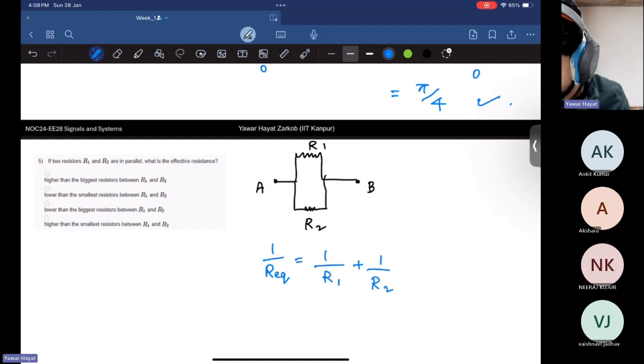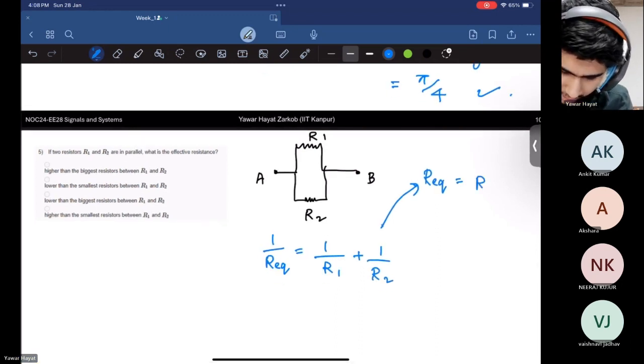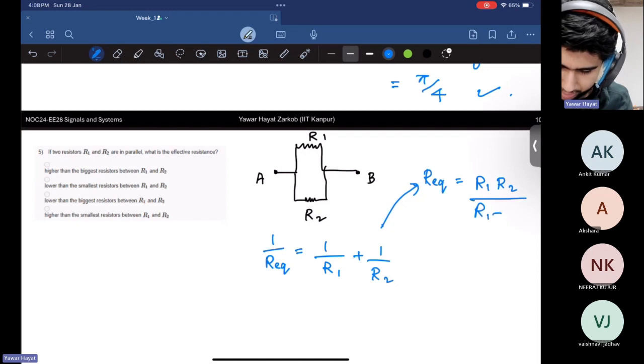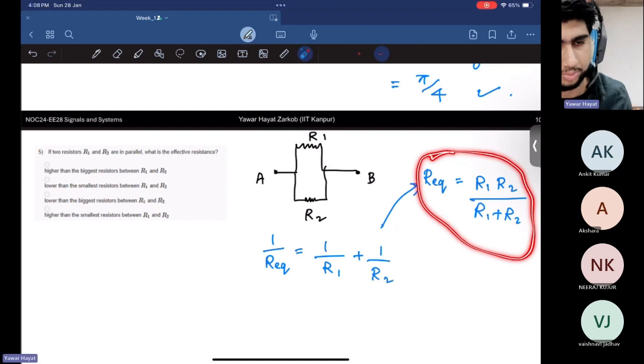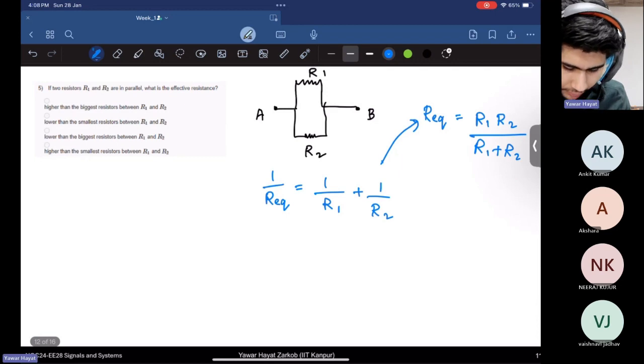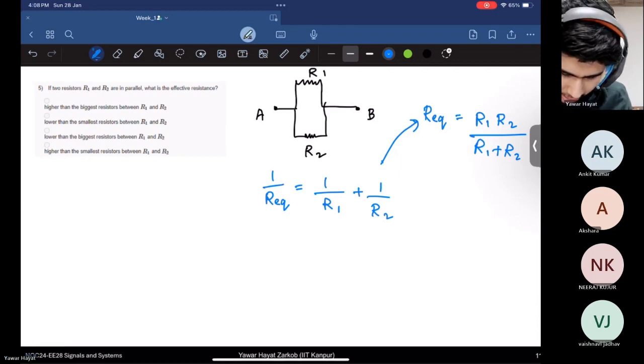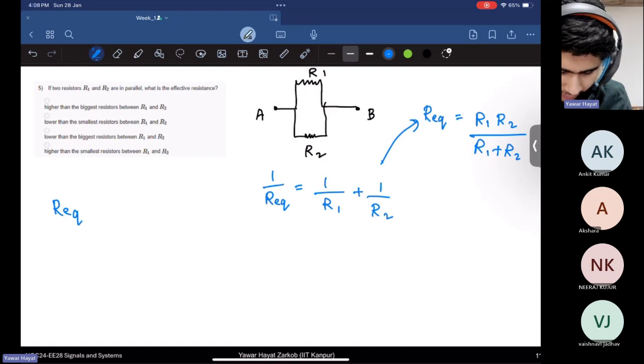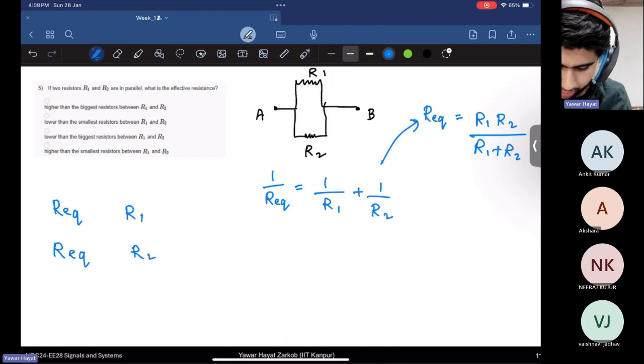The other way to write it, simple algebra, R1 R2 by R1 plus R2. I'm sure you all know this familiar formula. Now what we need to prove is the relation of R equivalent and R1, and the relation of R equivalent and R2. How are these related?